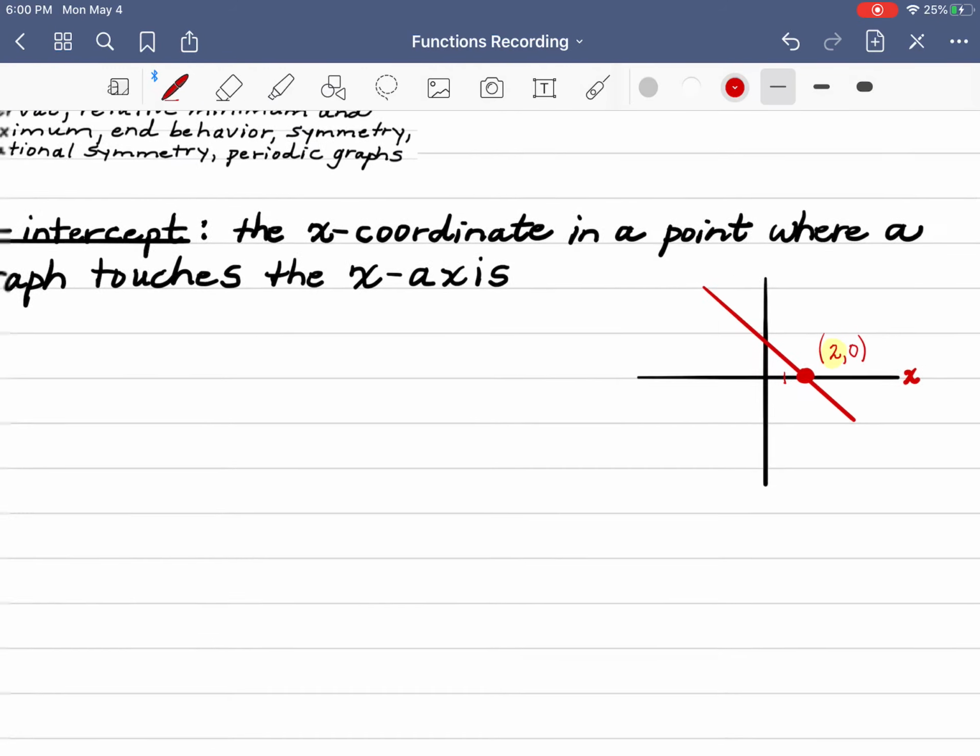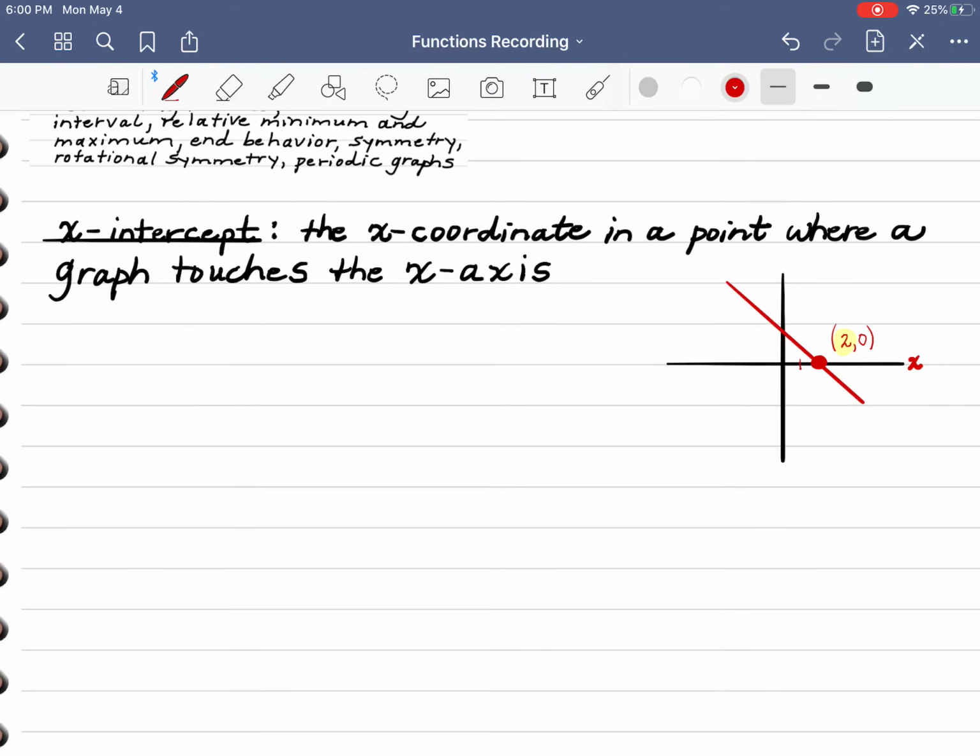And when you're looking for an x-intercept, here's a good thing to keep in mind. The y value of the point must be 0.